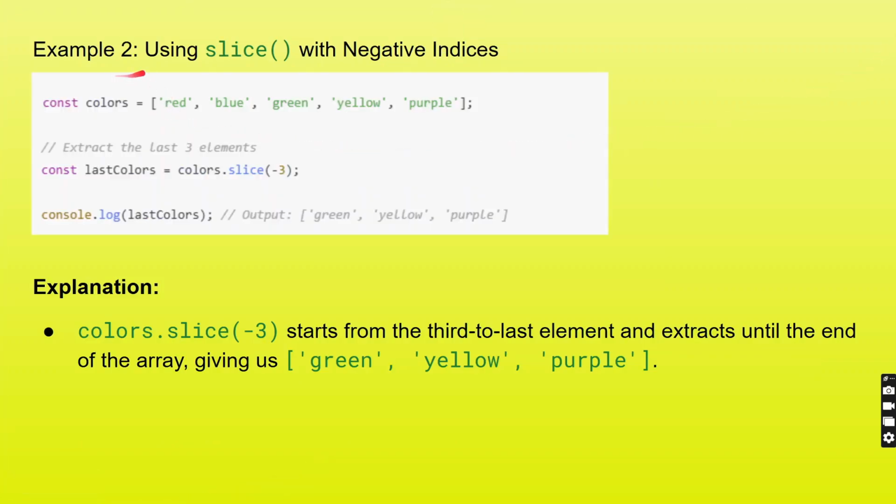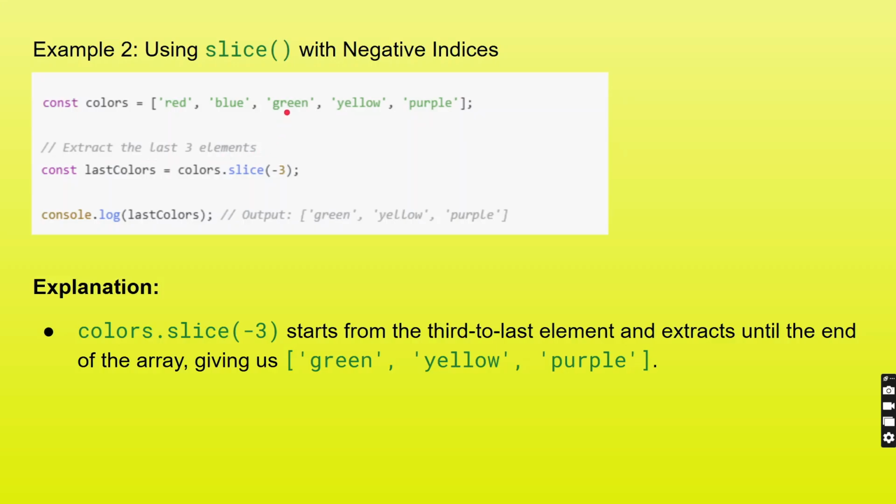Example 2, using slice with negative indices. Here we have an array of strings: red, blue, green, yellow, purple. When we use colors.slice with -3, negative indices start with -1, -2, -3. So it extracts the last 3 elements.